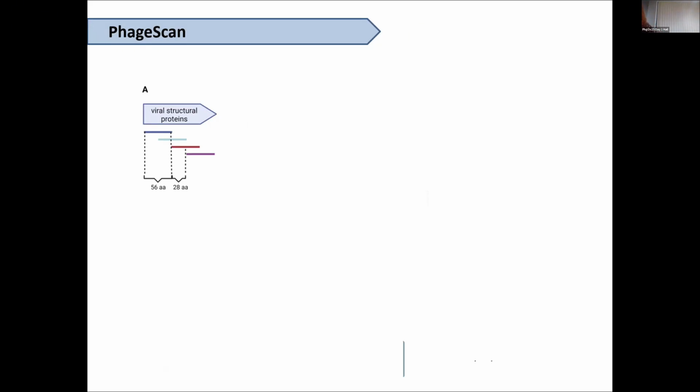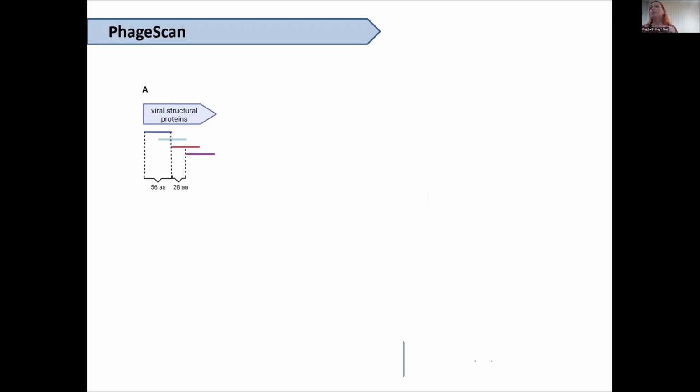And these phage structural proteins are the key elements here. We take their sequences, we virtually cut them into overlapping short amino acid sequences, oligopeptides that represent the whole phage proteome.